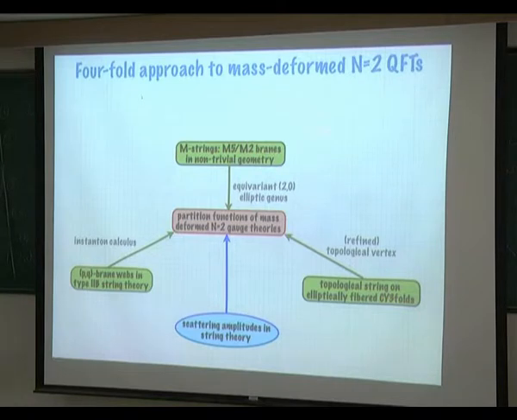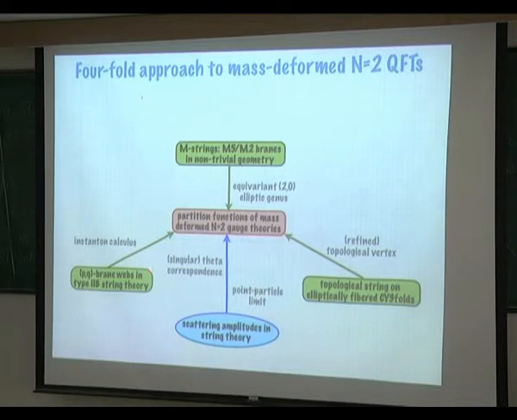And then I will try to do the same thing using the M-string picture by calculating equivariant (2,0) elliptic genera. Time permitting, I will explain how these elliptic genera in fact also come from a certain class of string scattering amplitudes. These will be one-loop heterotic amplitudes, one-loop type 2 amplitudes.